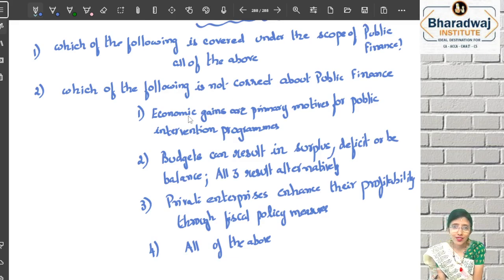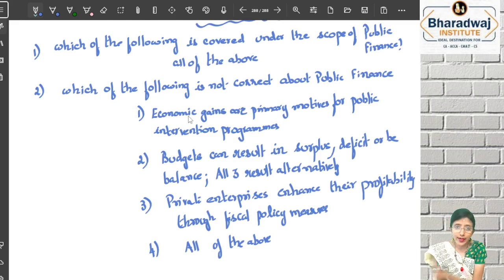Government intervention. If there is a government intervention, then how can private enterprise finance their profit? You all only chose C, no? So I'm only asking why. That's why it is not correct about public finance.